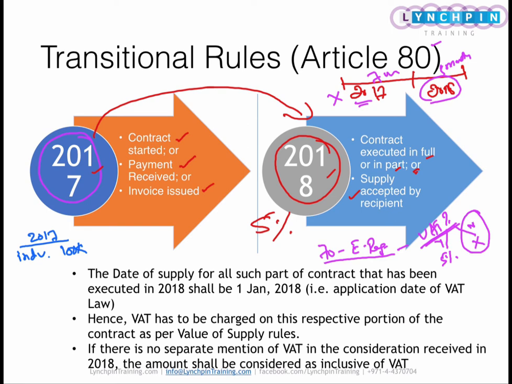Now his supply is executed in 18, and because I was selling to an individual who cannot claim input VAT, my final value of supply would be 100,000 and I still have to bear this 5% VAT in this amount, which my client will not pay me. So it is like that for a B2C transaction.